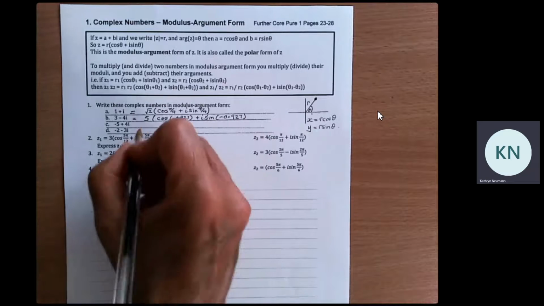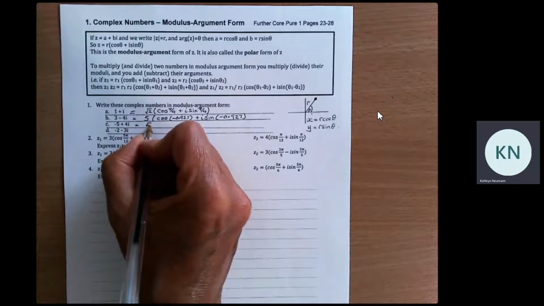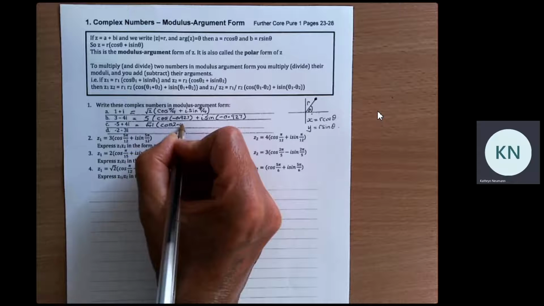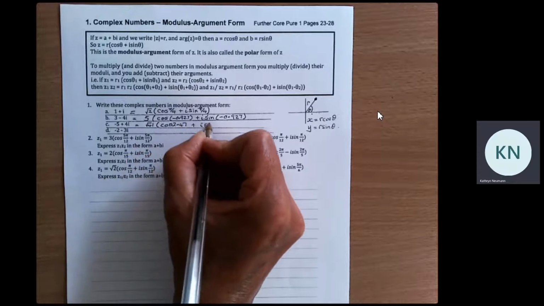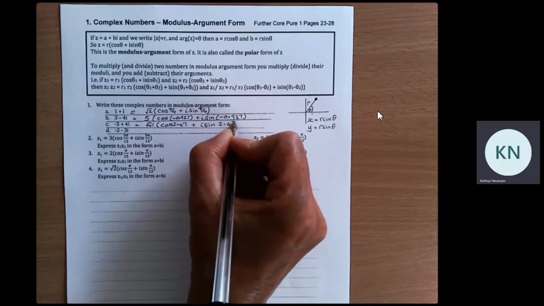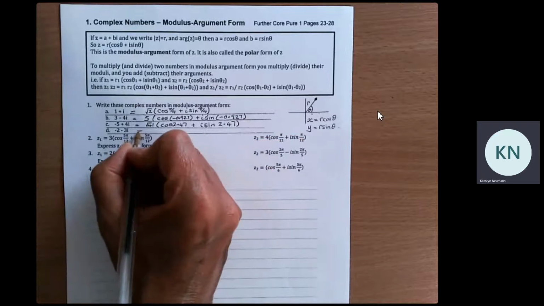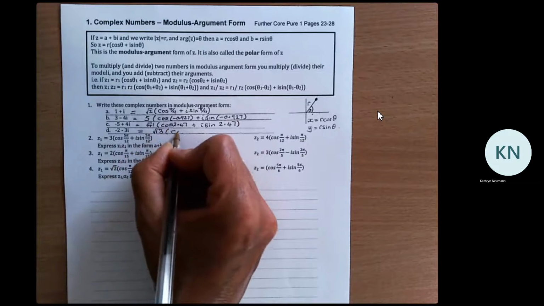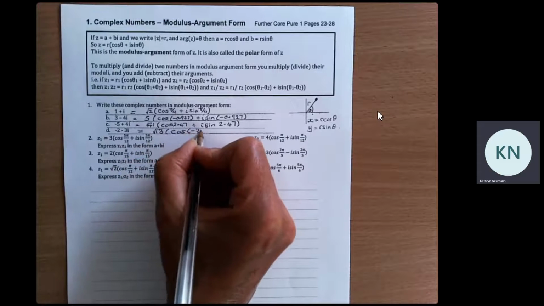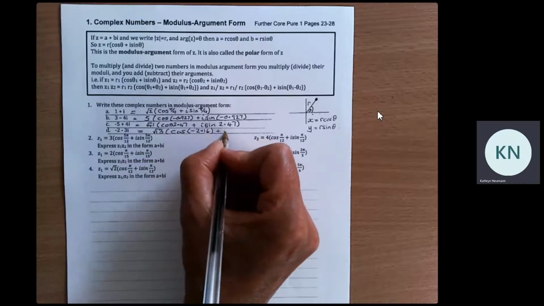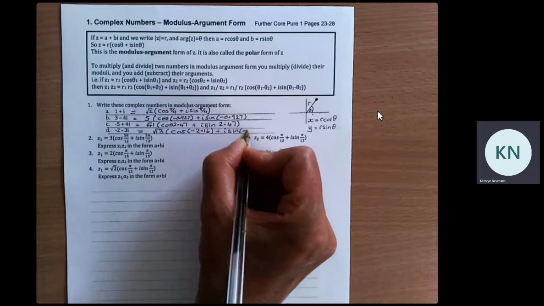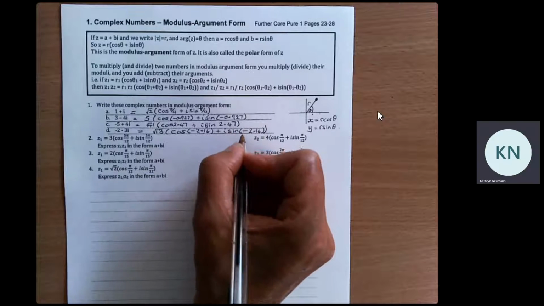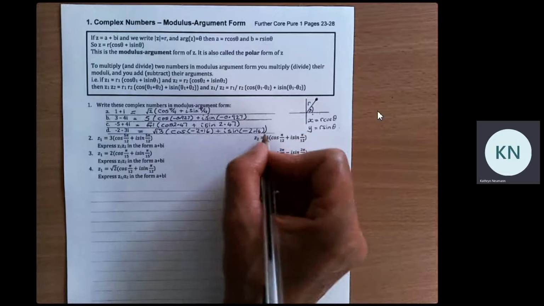The third one is root 41, cos of 2.47 plus i times the sin of 2.47. And the last one here is root 13, cos of minus 2.16 plus i times the sin of minus 2.16. Need an extra bracket in somewhere.